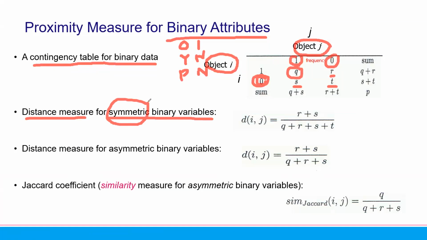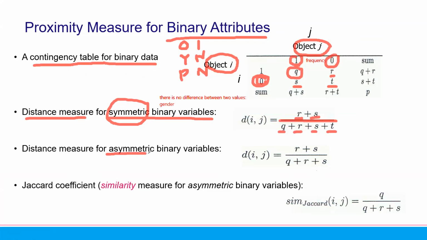There is no difference between the two values. For example, gender, male and female, there is no difference. We can use this formula: R plus S divided by Q plus R plus S plus T.